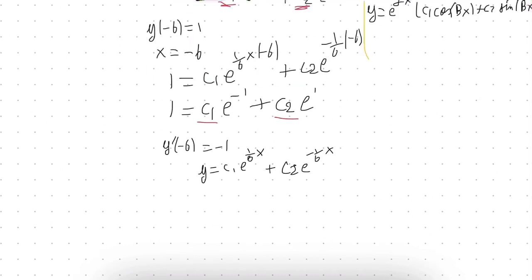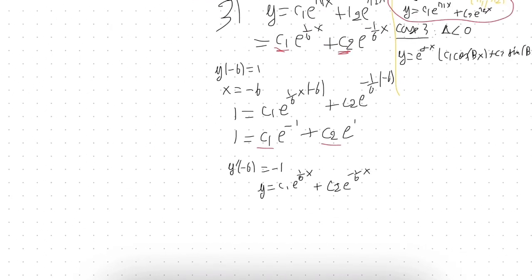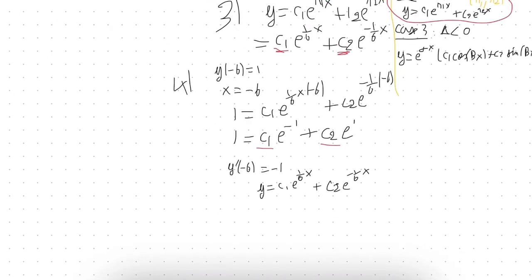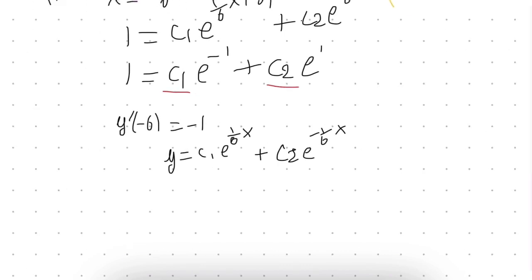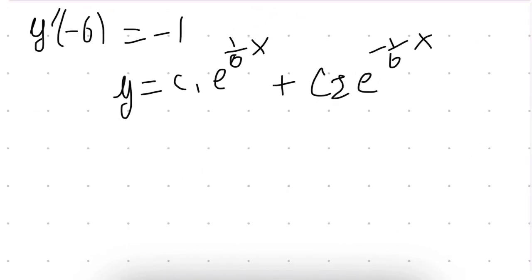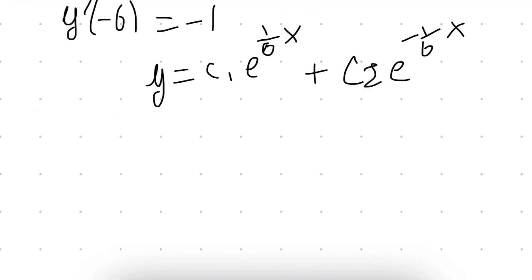Okay, well, let me call this step 4, which is find C1, C2. Now we want to find our second equation. We're going to derive this, which is equal to what?